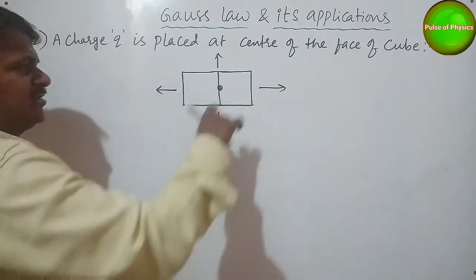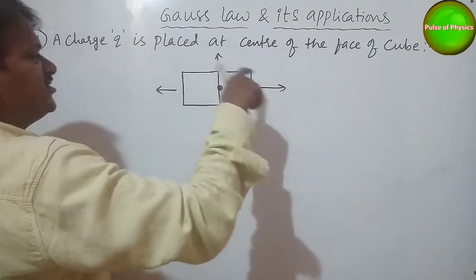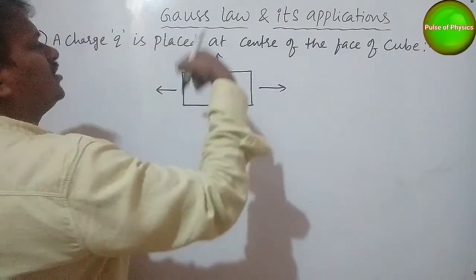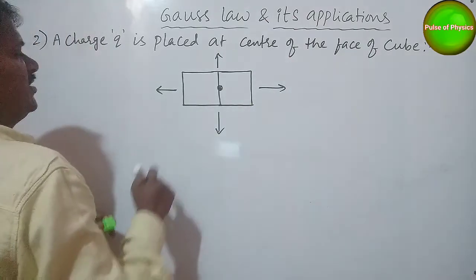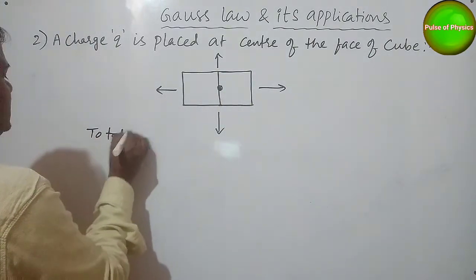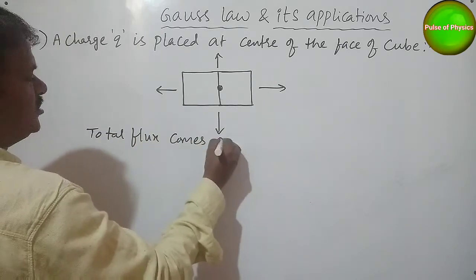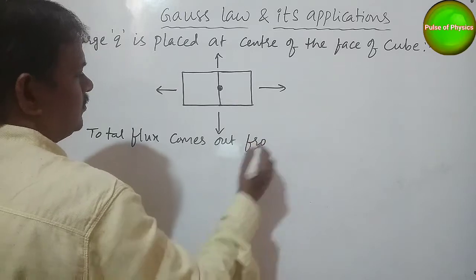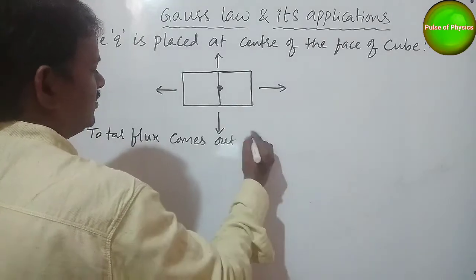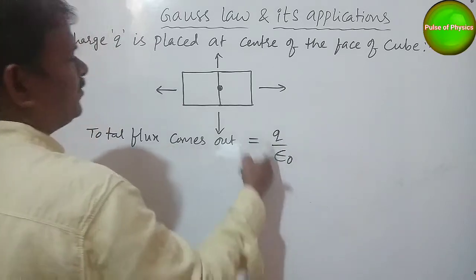In all possible directions. The total flux that comes out from the charge through the cubes is equal to q by epsilon naught as per the Gauss law.